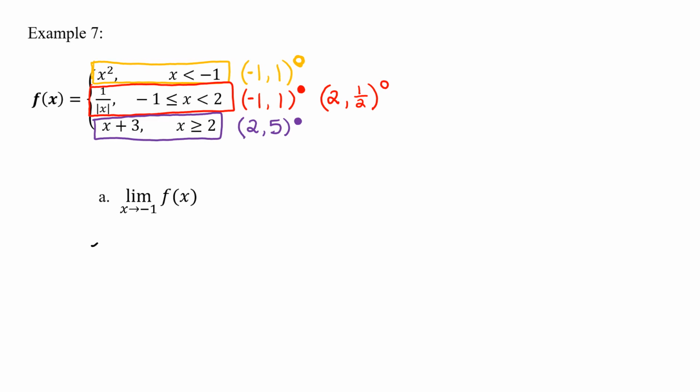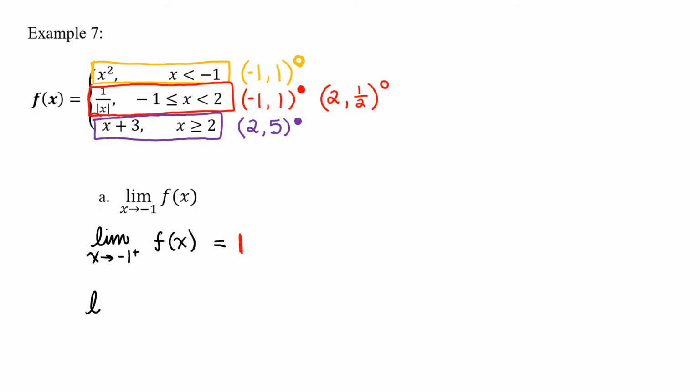So let's start with the limit as x approaches negative 1 from the right of f of x. So this means that we're starting with values that are larger. Well, the limit as x approaches negative 1 from the right, that's going to be this middle piece. And as x approaches negative 1 from the right of f of x, we get 1.